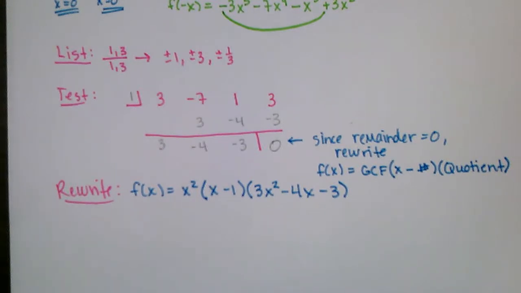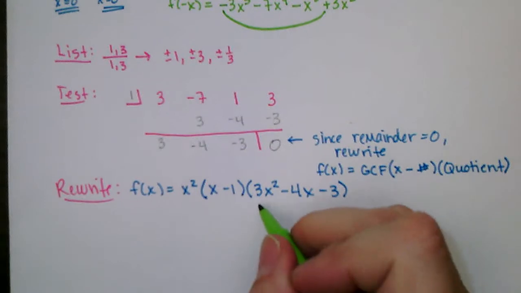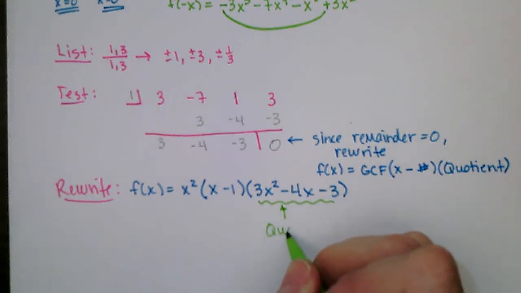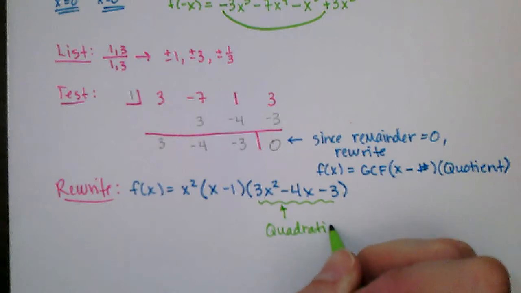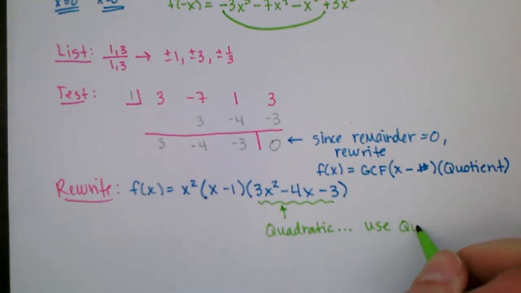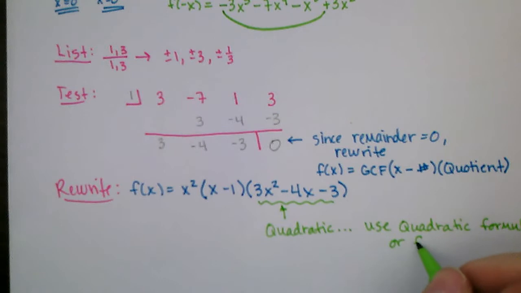Now once I get to the point that my quotient is a quadratic, I can either use the quadratic formula or factor. So since this is quadratic, meaning it's got x squared but nothing higher, I will either use quadratic formula or factor.